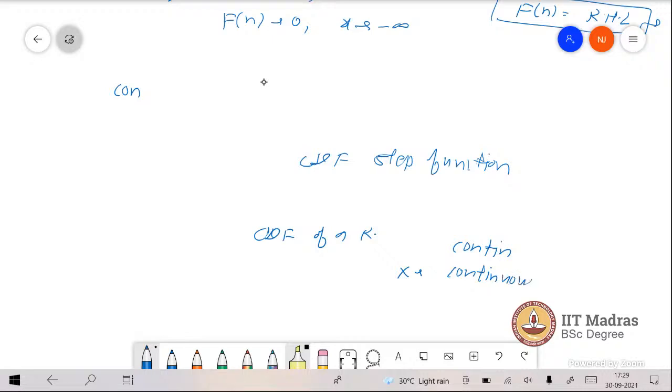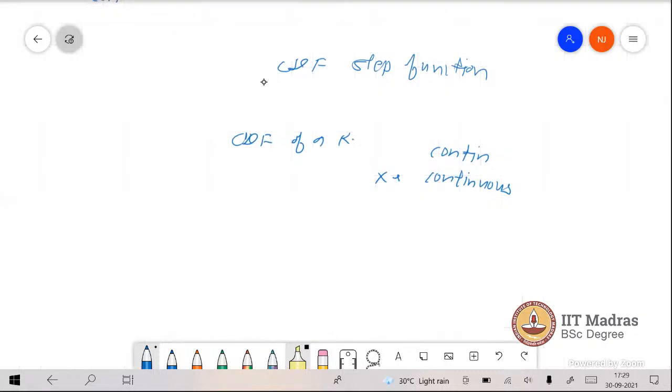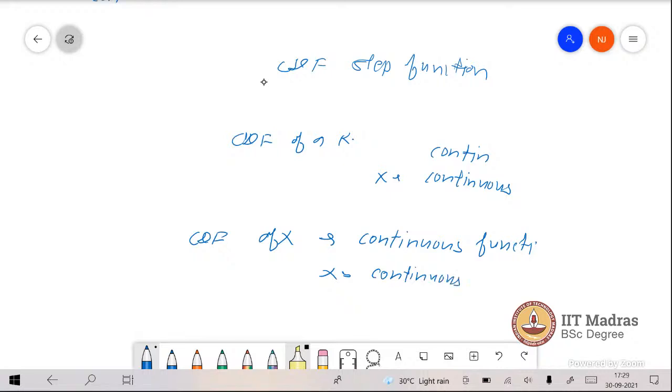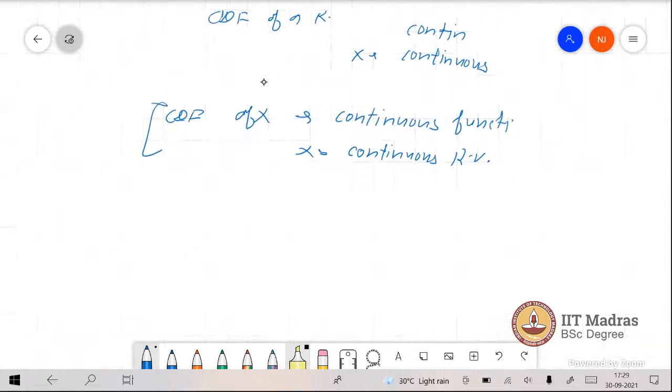This is the technical definition of the continuous random variable and the discrete random variable.